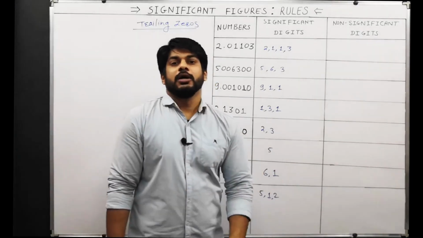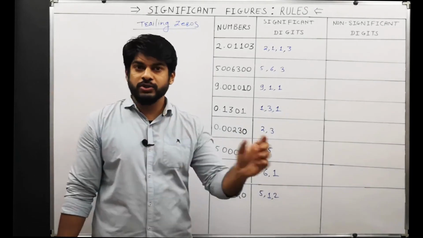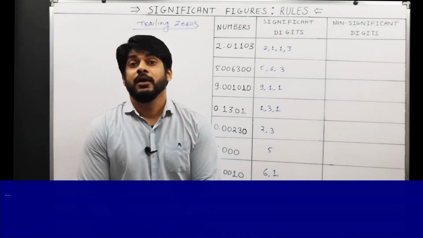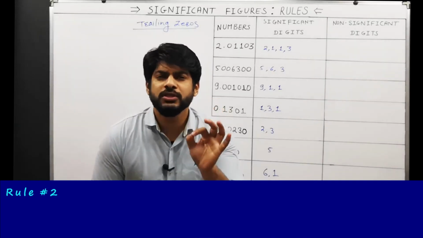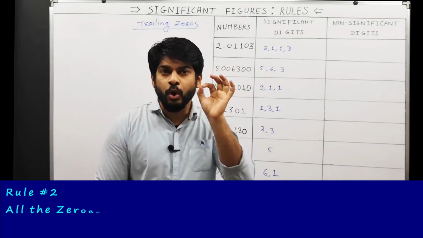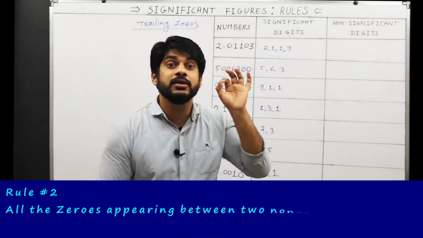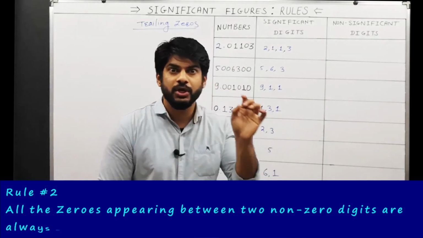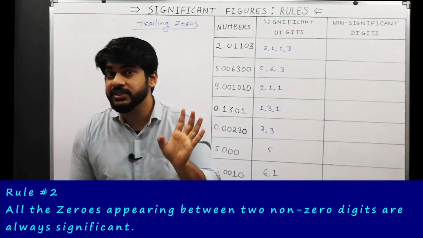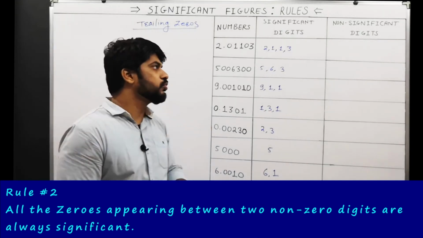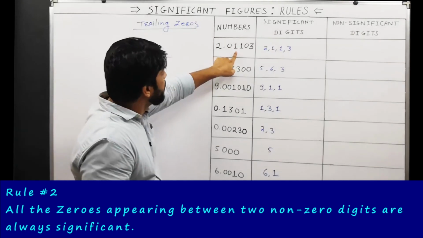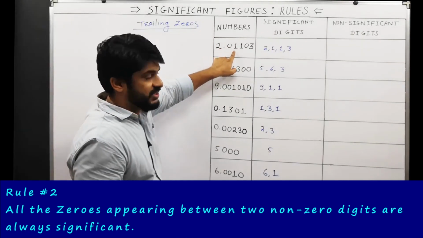Now the first rule is very simple: all the non-zero digits are significant. Now we move to the second one. The second rule says that all the zeros between two non-zero digits are significant. So let's see over here. You can see this 0, this is between two non-zero digits.